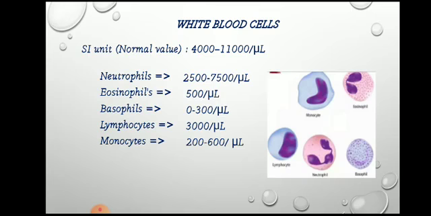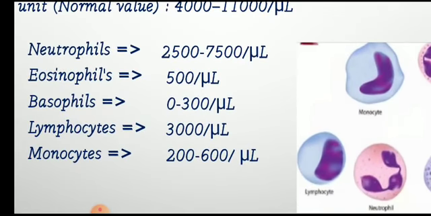Their ranges are like this: neutrophils 2500 to 7500 per microliter.